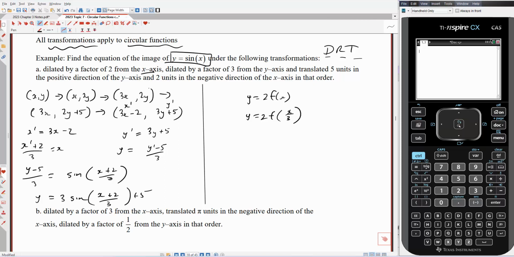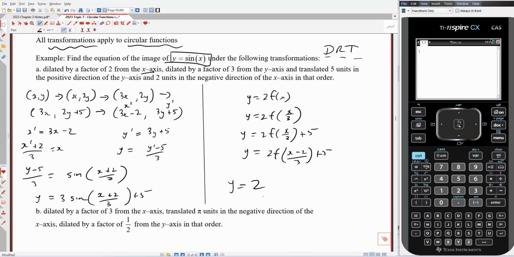Translated 5 units in the positive direction of the y-axis. y equals 2 f(x on 3) plus 5. And 2 units in the negative direction of the x-axis, in that order. y equals 2 f of, instead of x, we're going to do x take 2, still all on 3, plus 5.